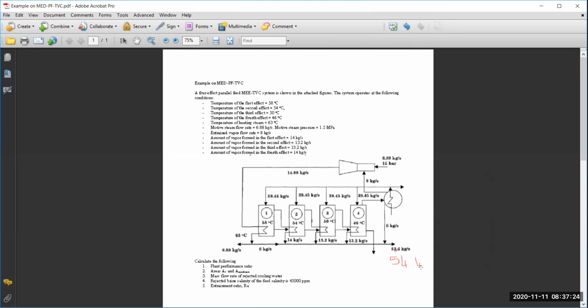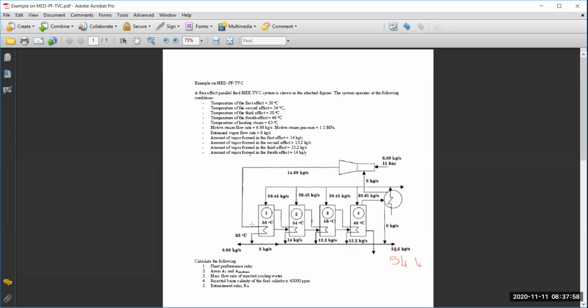And look first at what are the parameters that are needed, because I will have to replace this screen by the other screen, which is blank, so that we can start the solution. What is needed here basically is, number one, the plant performance ratio. And let's look, the plant performance ratio used to be the ratio between the distillate that we are producing, which is this, and the steam which is used.